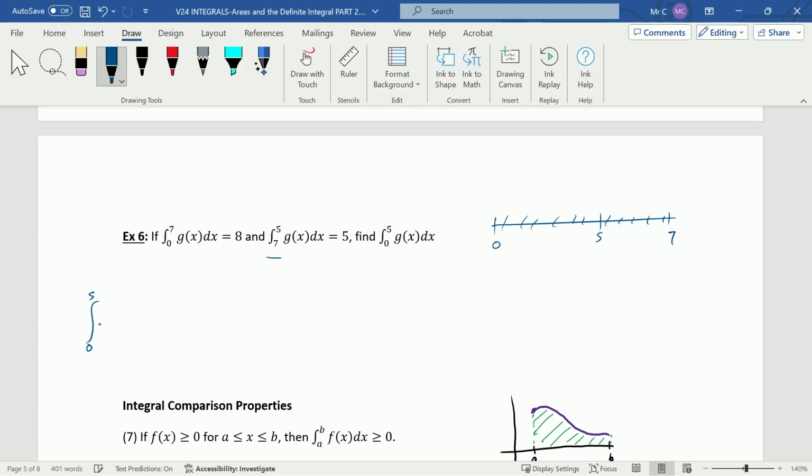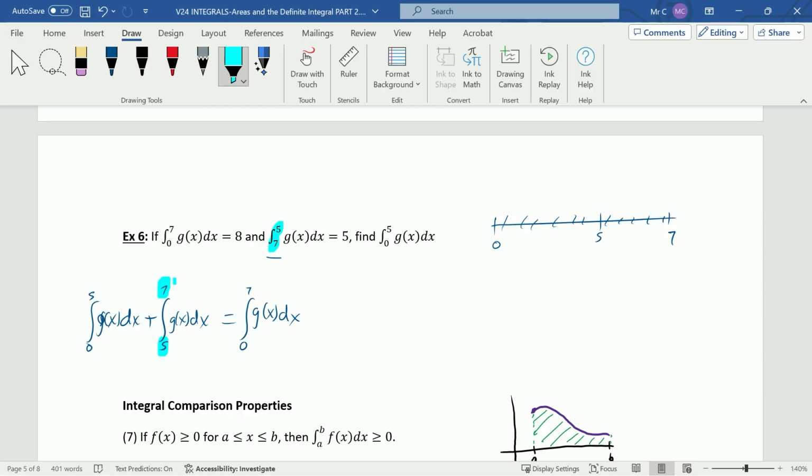So this is the integral from 0 to 5 of g of x dx plus the integral from 5 to 7 of g of x dx should be equal to the integral from 0 to 7 of g of x dx, which would be great, except that these bounds are wrong.